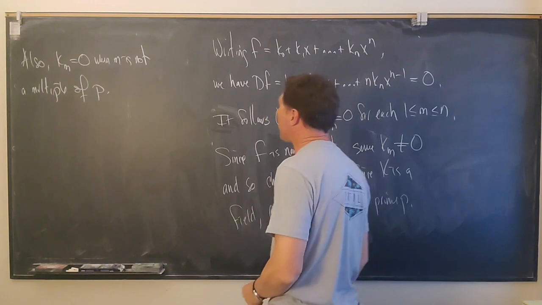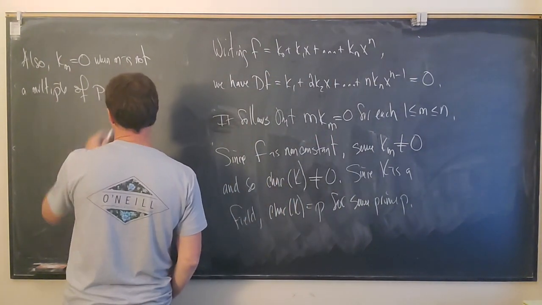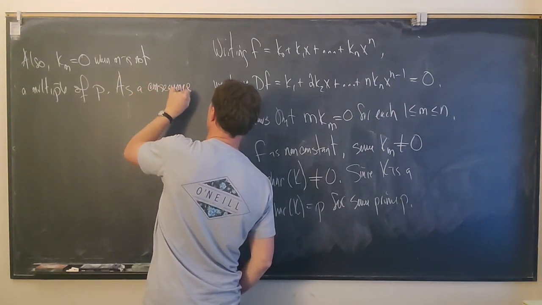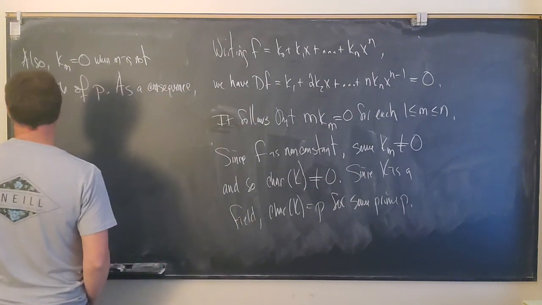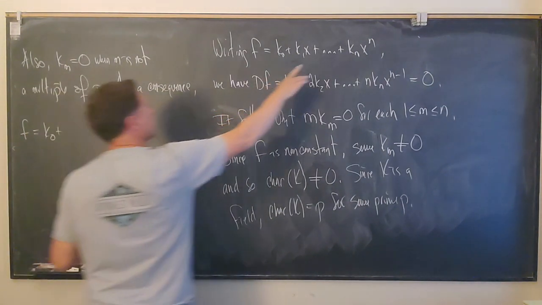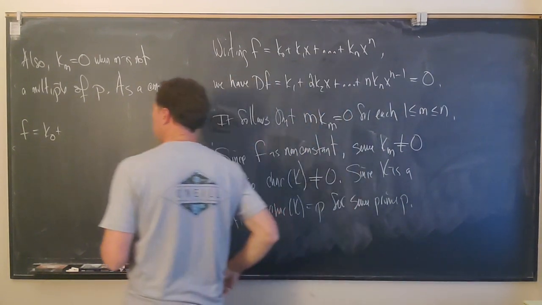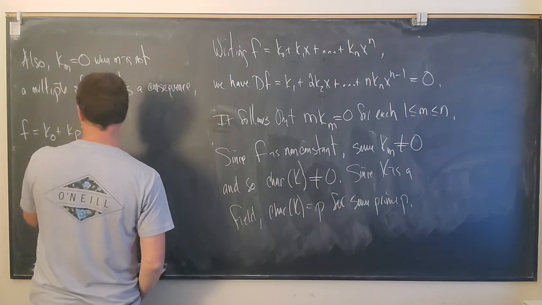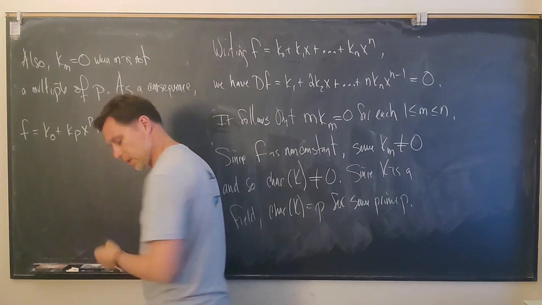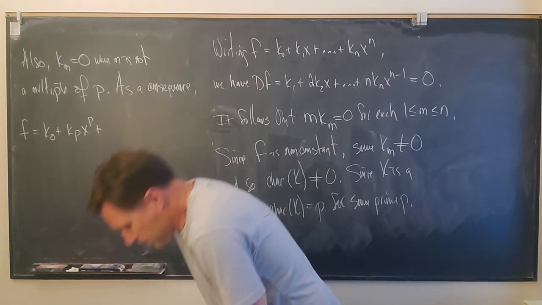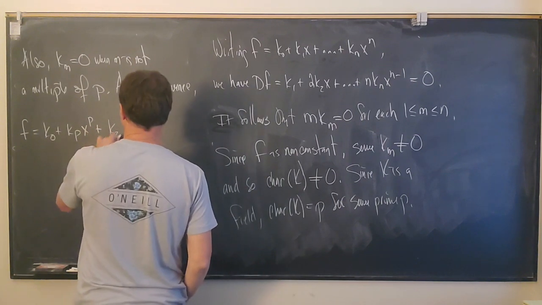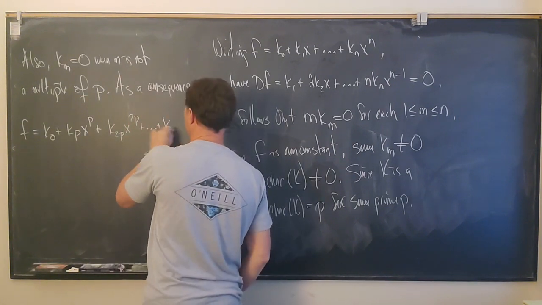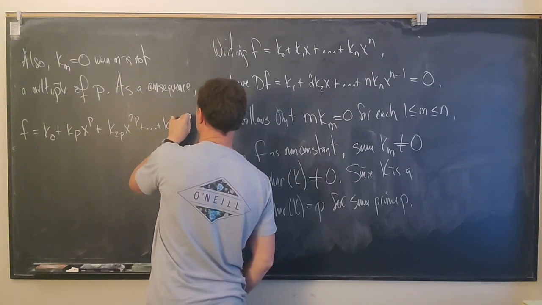So this tells us exactly what f has to look like now. As a consequence, f is going to look like k0, and then we go along until we find the first multiple of p. So plus k sub p x to the p, plus k sub 2p x to the 2p, plus dot dot dot plus some k mp x to the mp.